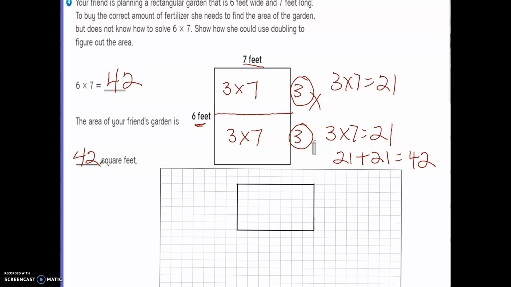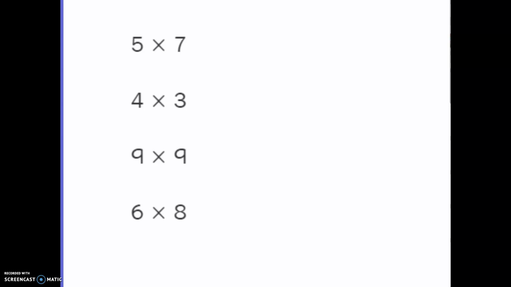Again, you don't need to be an expert. We're going to do some more practicing. So in order to practice, I have 4 facts down here: 5 times 7, 4 times 3, 9 times 9, 6 times 8. Which facts can I divide into equal groups?